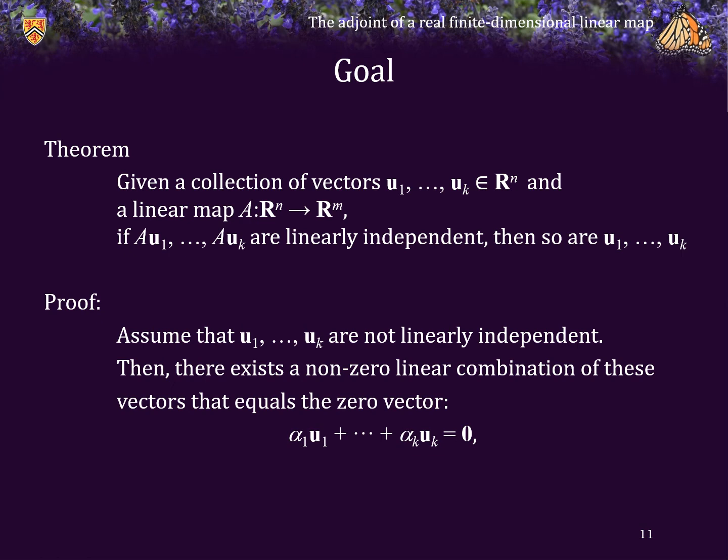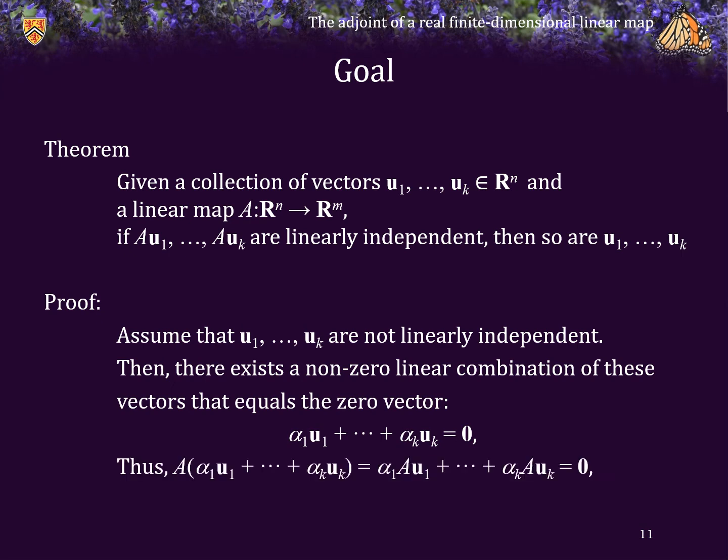But if there is another linear combination where not all the scalars are 0, in that case the vectors u1 through uk do not form a linearly independent set. All right, so if they are not linearly independent, then there exist such scalars.